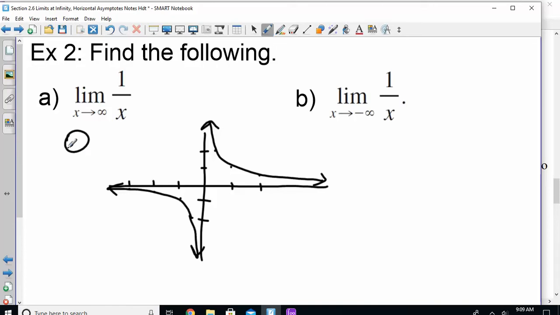So as we go forever in the negative direction, my y is getting close to 0. So how many horizontal asymptotes does this one have? Just one. Y equals 0. I didn't ask for it here, but you could have given it to me. We have one horizontal asymptote.